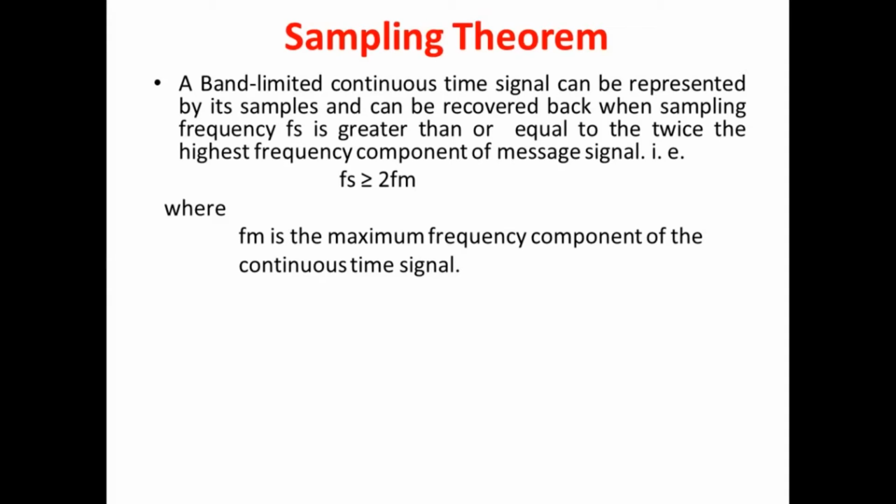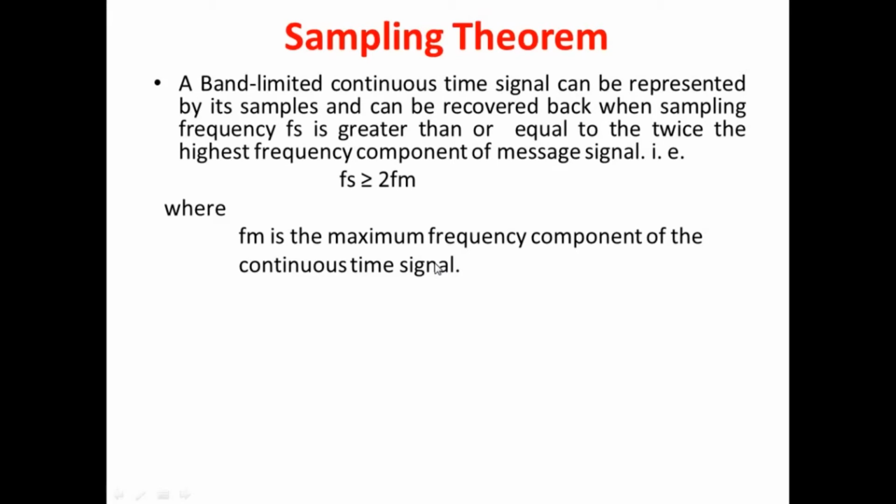So the theorem states that fs, the sampling frequency, should be greater than or equal to twice the maximum frequency of the analog signal. We can say this is the highest frequency component of the continuous time signal.